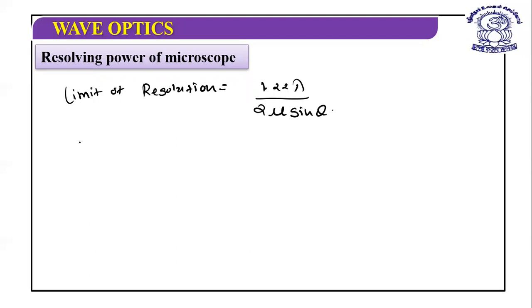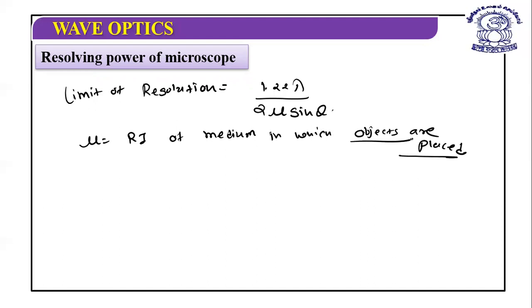Here mu is the refractive index of medium in which objects are placed. Make this thing clear. It is not the refractive index of material of lens. It is the refractive index of medium in which objects are placed.